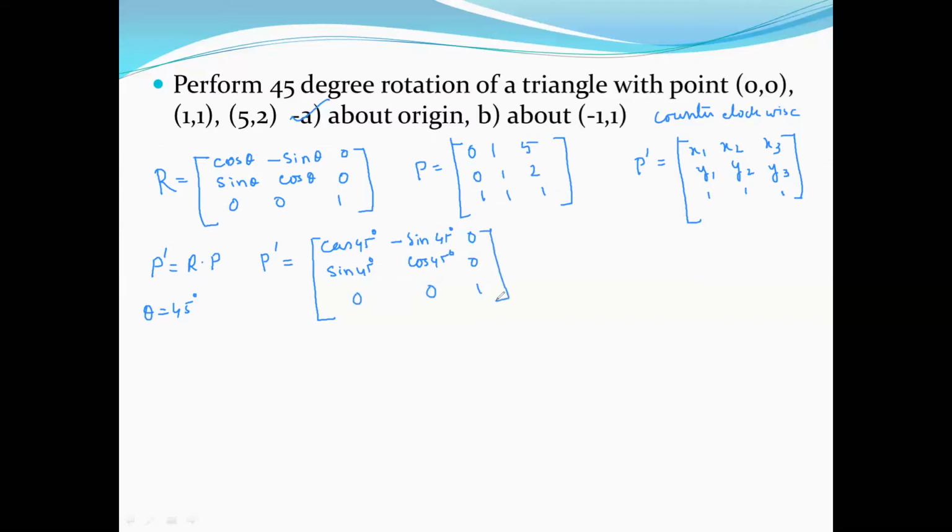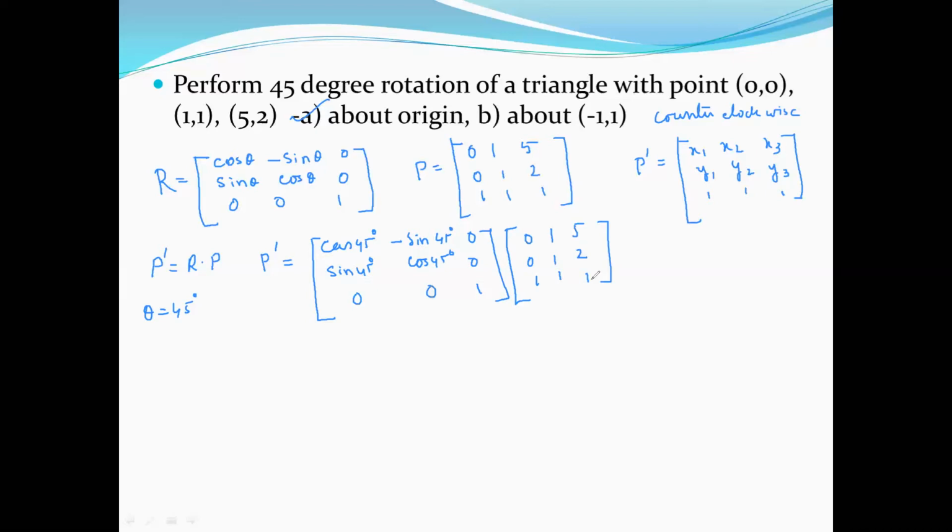Next, the point P is nothing but 0, 0, 1, then 1, 1, 1, and 5, 2, 1. As you know, we have to perform a simple multiplication. First we will convert this theta. As you know, cos 45 degrees is 1 by root 2, and sin 45 degree is also 1 by root 2.